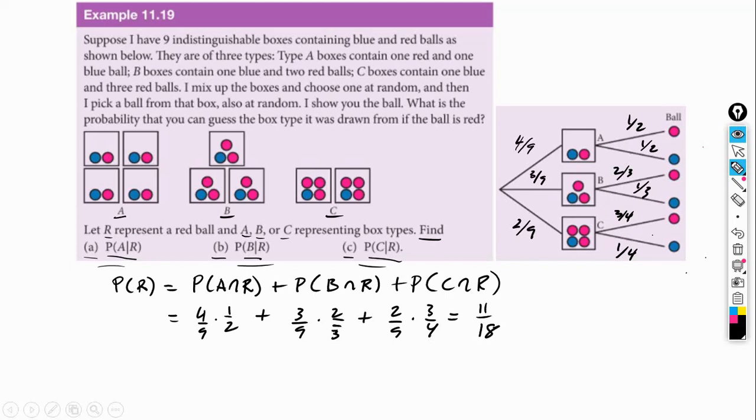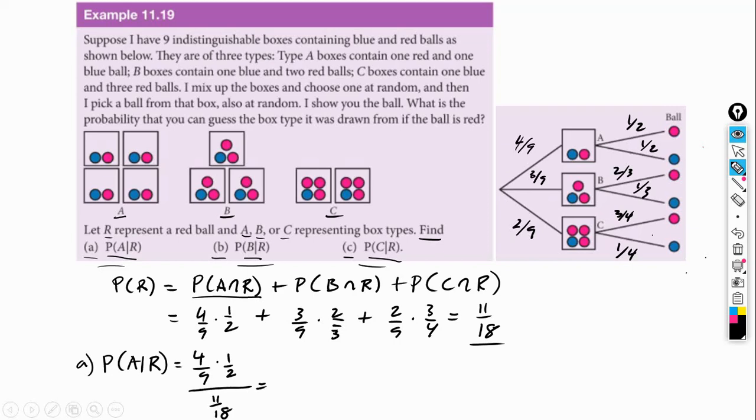Okay, so now we go to answer the questions. For A, they want us to find the probability of A given R. So notice that it's going to be this divided by the probability of R. So it would be 4/9 times 1/2 divided by 11/18.